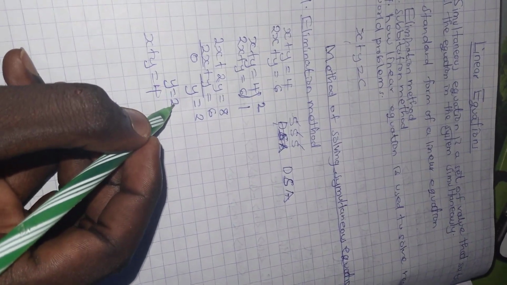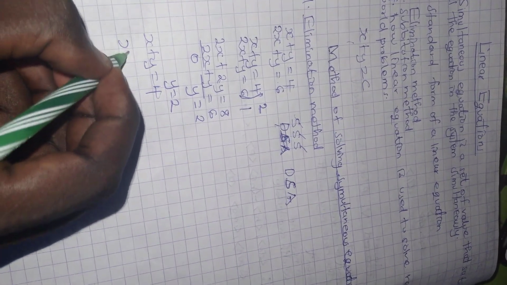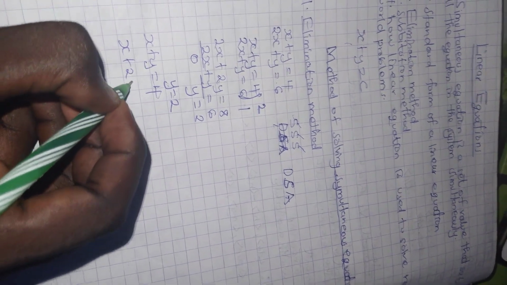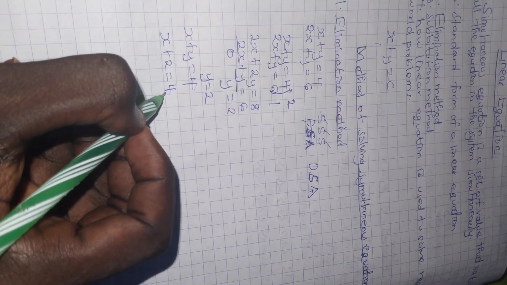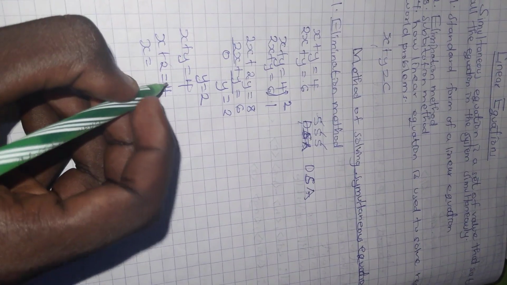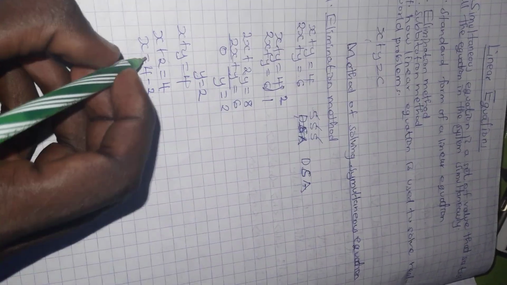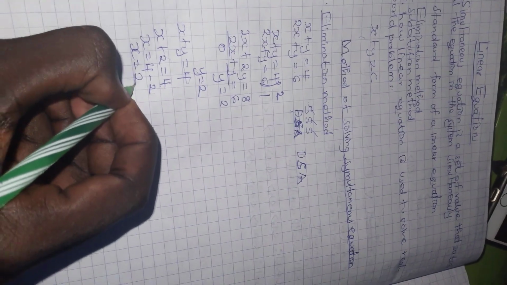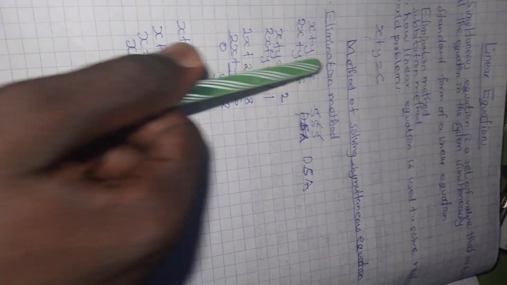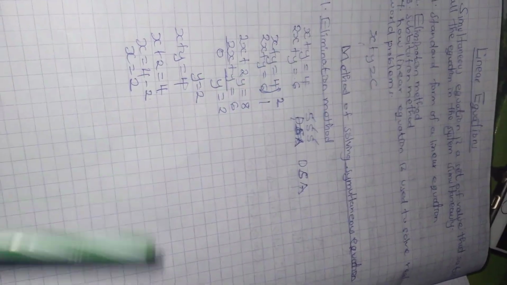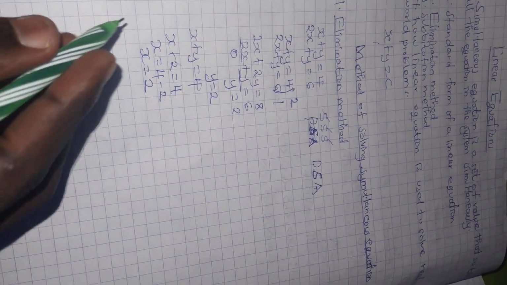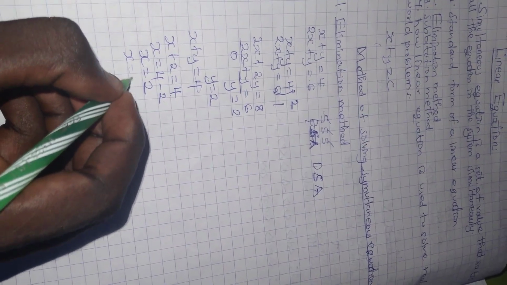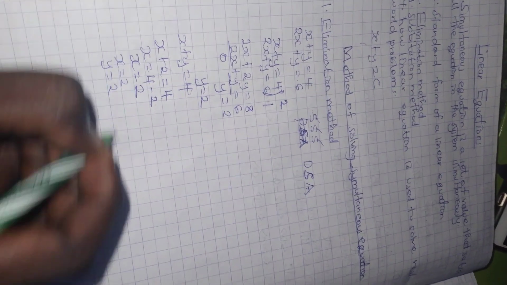Substituting the value of y, it will be x plus 2 is equal to 4, so x is equal to 4 minus 2, which is also 2. So in this problem, we have found the value of y and x. The value of x is 2 and the value of y is 2, and that's how it's done.